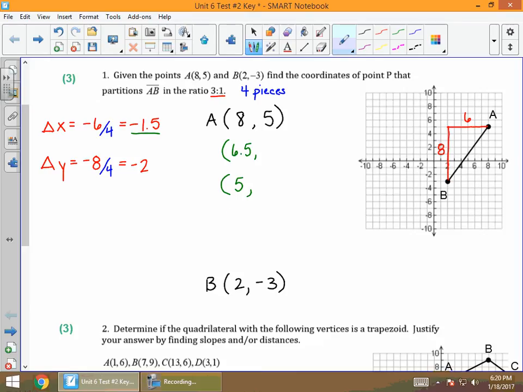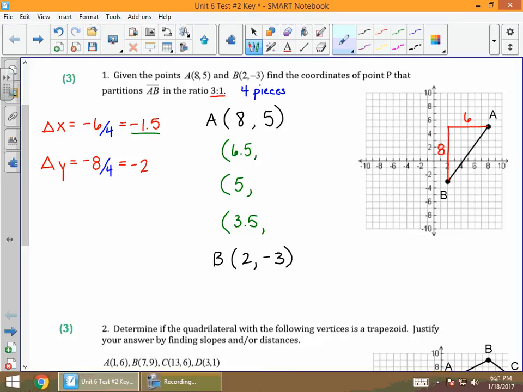I do it again. 5 minus 1.5 is 3.5. And then I do it again. 3.5 minus 1.5 is 2, which is the value I need for my B point. So I can see that I have subtracted 1.5 each time, and now I hit the 2 value, which is what I was hoping to get to.